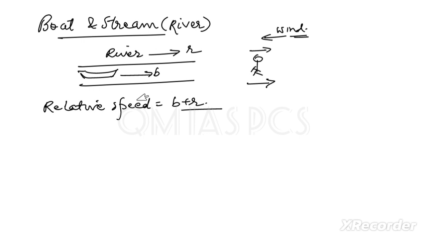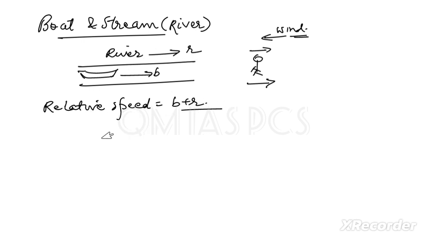So here, the concept we have taught in trains, like we have to add or subtract, but here this is the case of helping, because the river is helping the boat to travel, to move. So relative speed will be getting added if they are moving in the same direction.